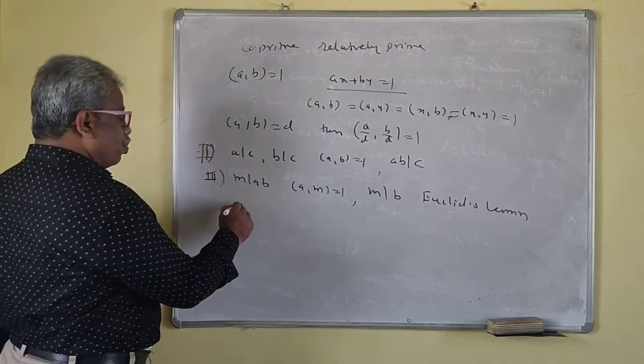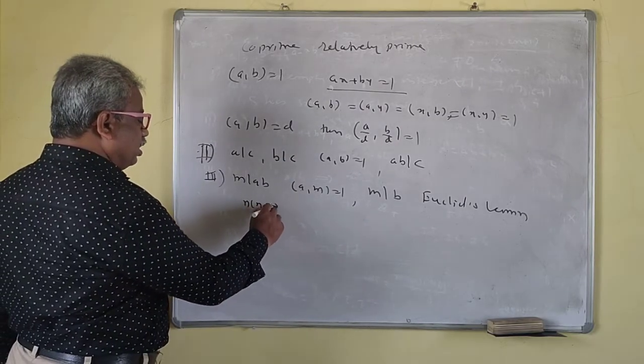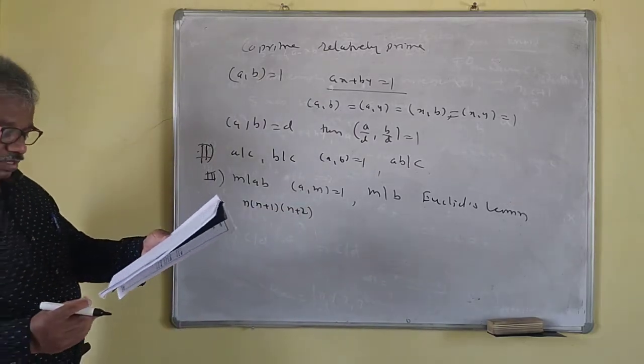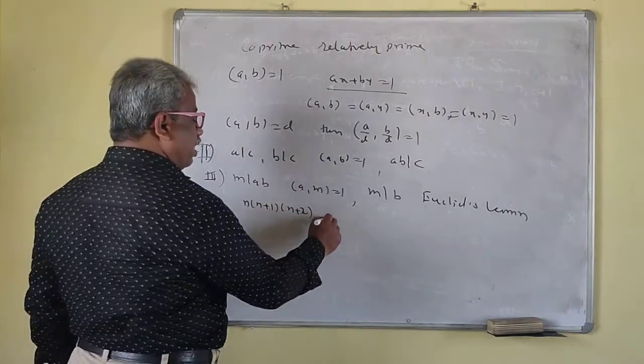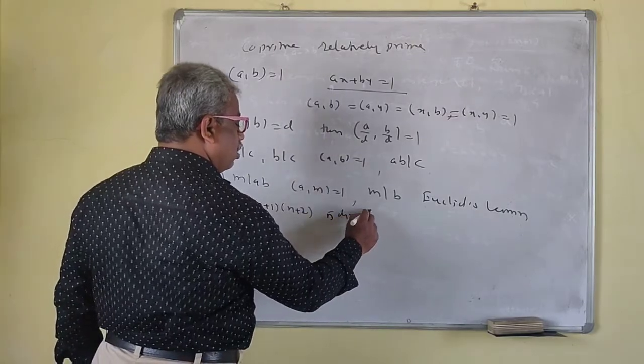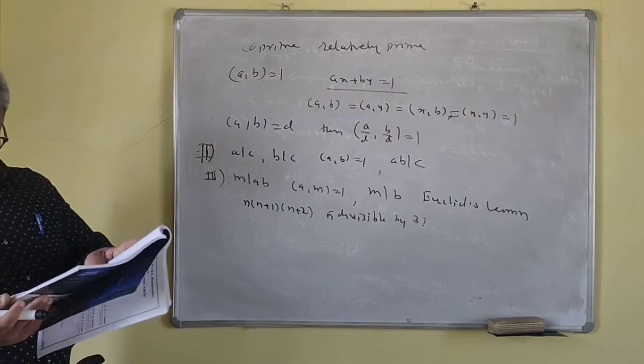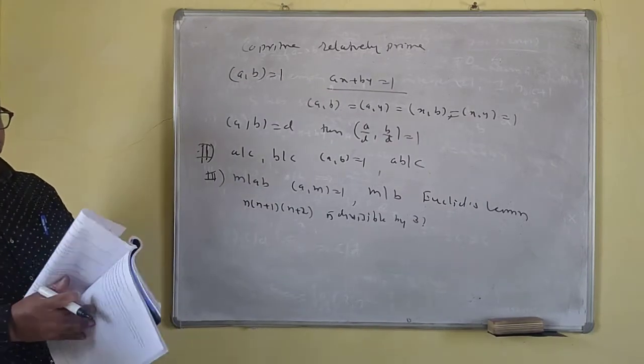So next thing is what? The product of three consecutive integers is divisible by 3 factorial, which means 6. Okay.